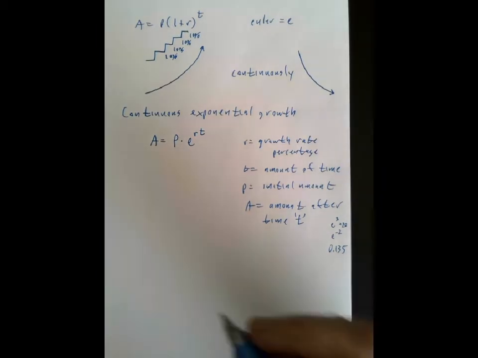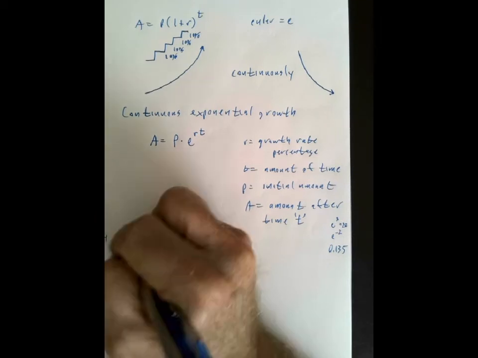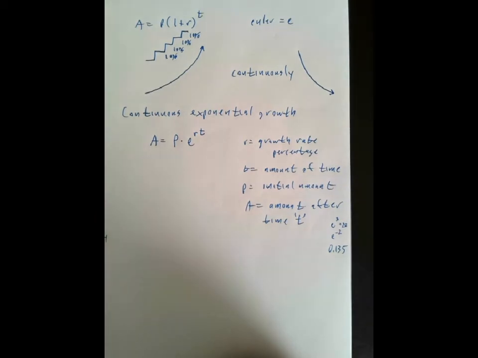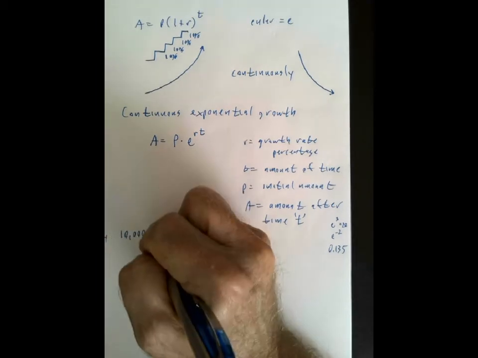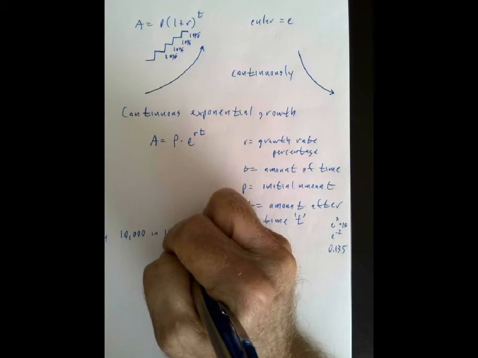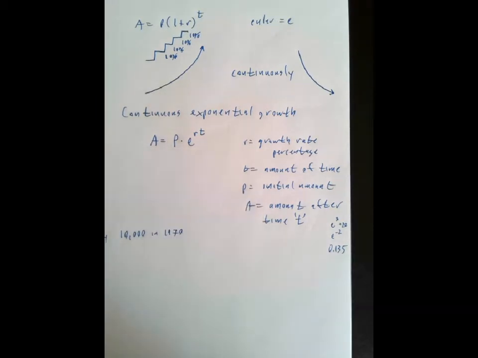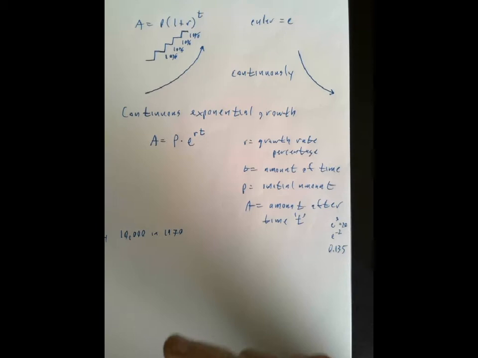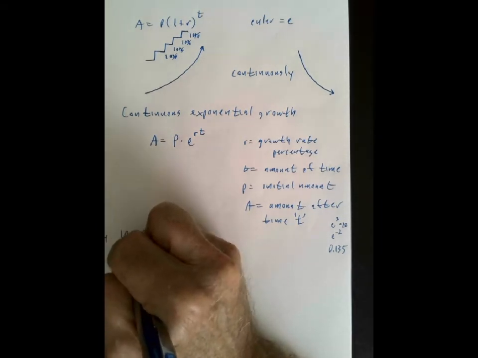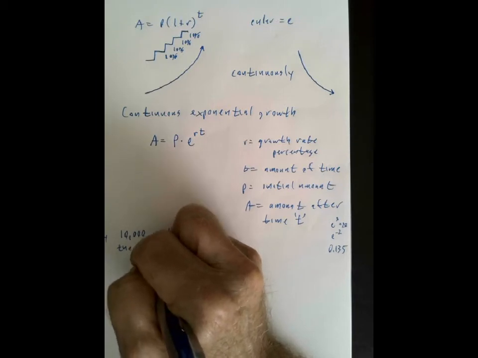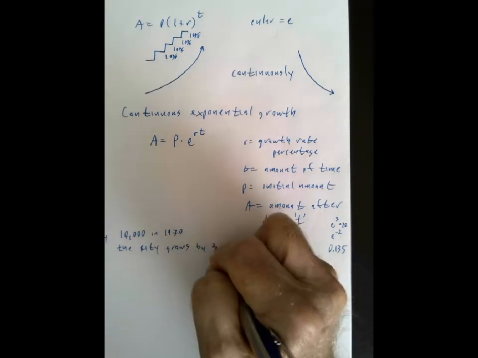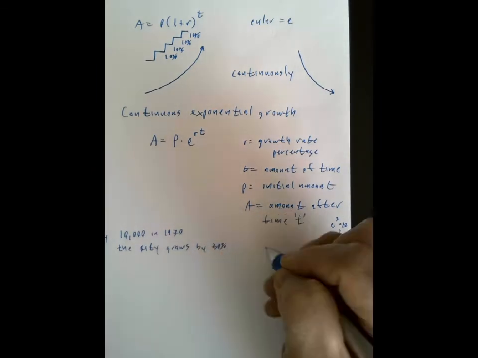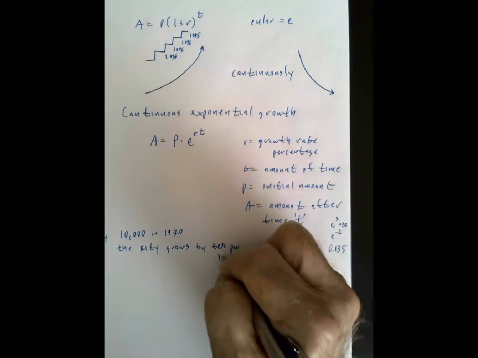We've got, say, a city whose initial population is 10,000 people in, let's say, 1970. We happen to know, through demographic data, that the city grows by 30% per year.